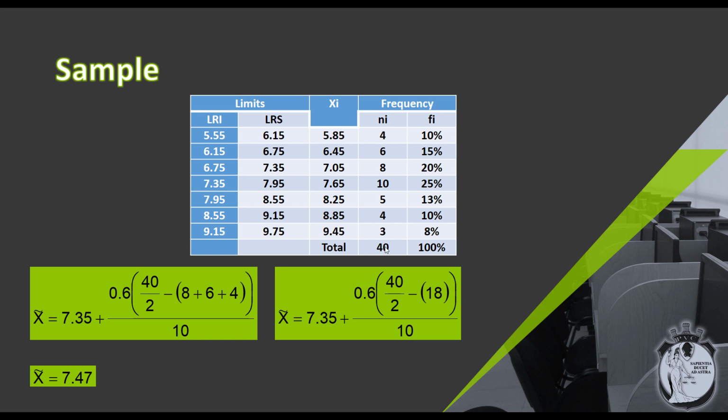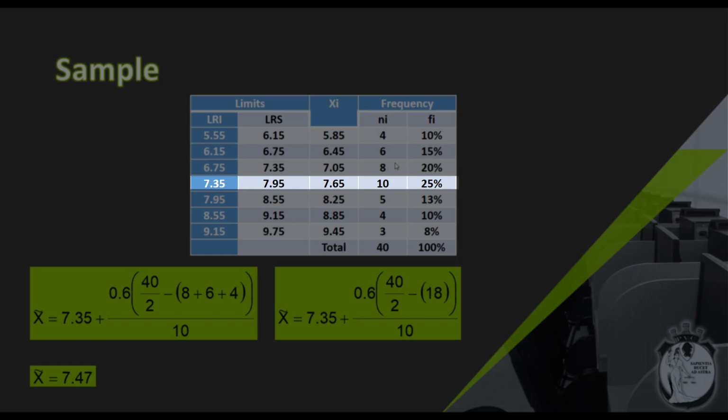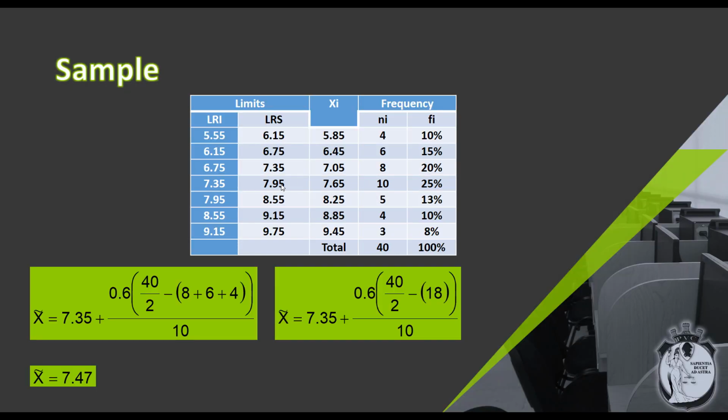For example, here we have 40 data, so the middle is 20. Here 4 plus 6 is 10, plus 8 is 18, plus 10 is 28. So the middle is here, the fourth class, the fourth row of our table.